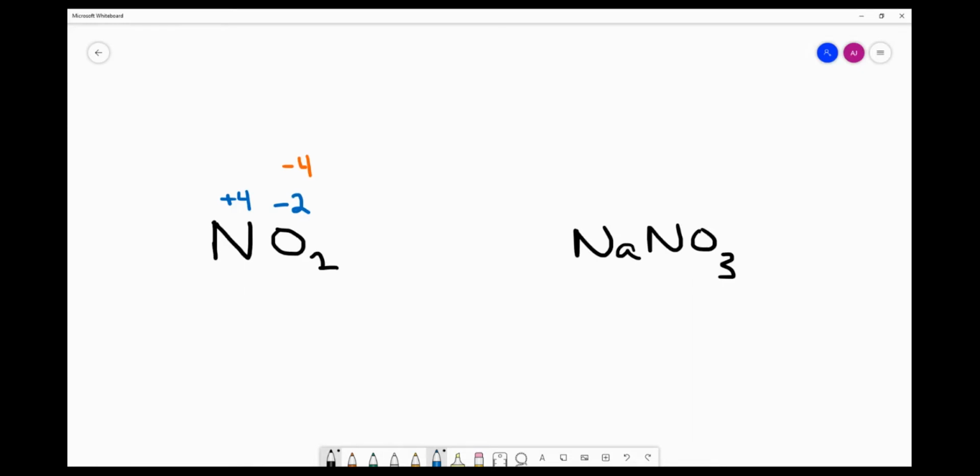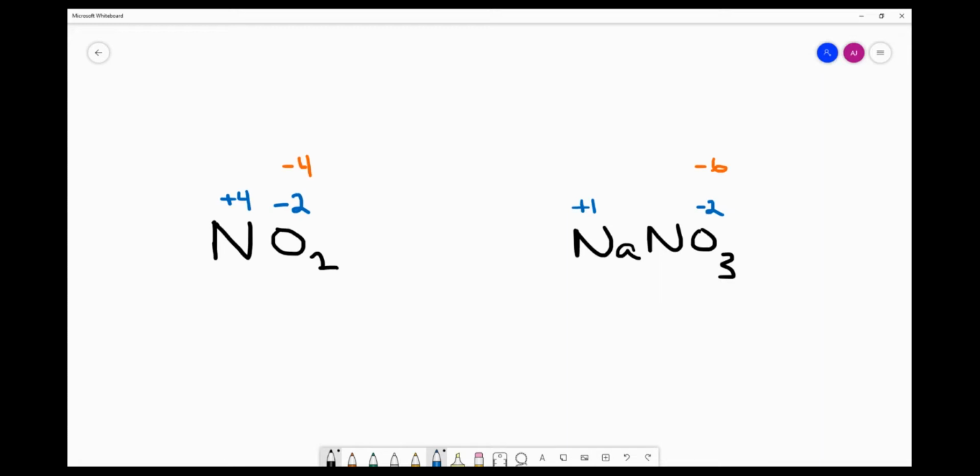Let's now look at the sodium nitrate compound. When I have more than 2 atoms in the compound, I'm going to assign oxidation numbers on either end and then work my way into the middle. So once again, the oxygen is a -2, and there are 3 oxygens. So the sum of the oxygens, we're now at a -6. Sodium, being a group 1 metal, always has an oxidation state of +1.